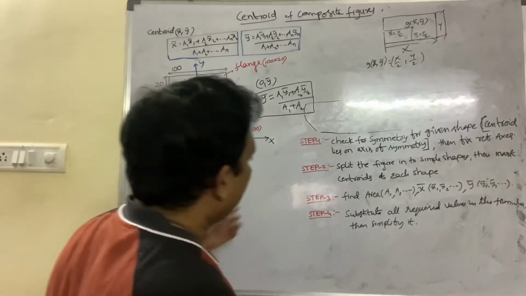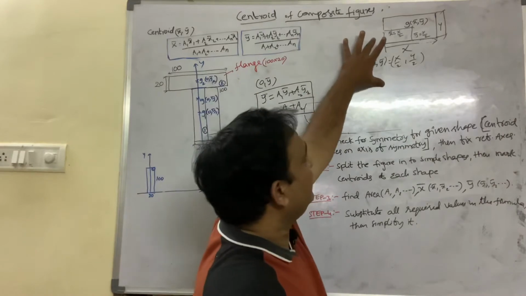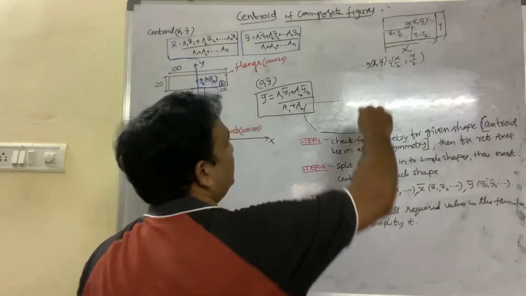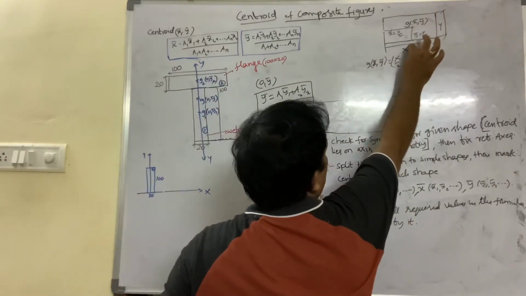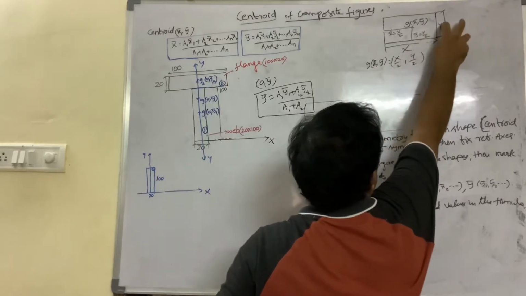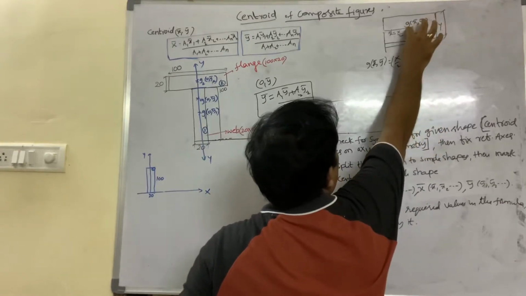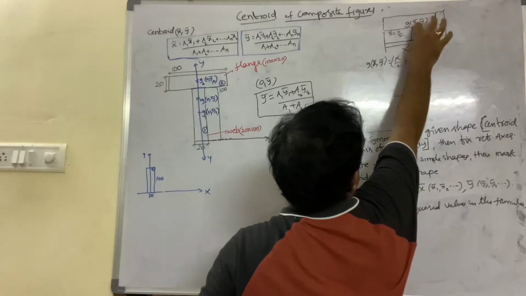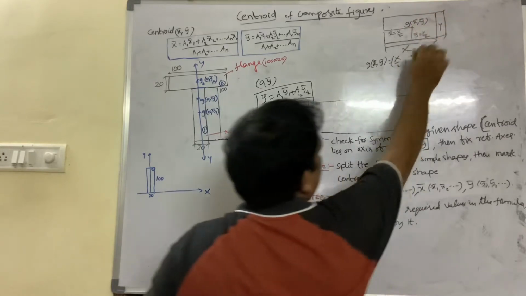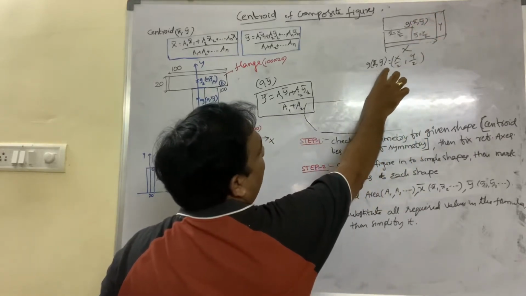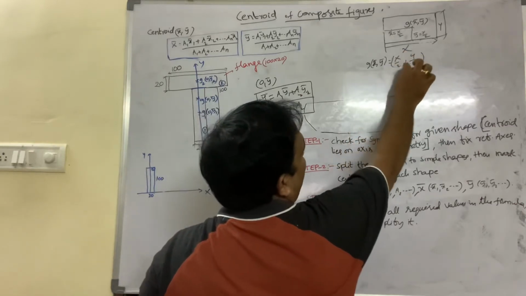So we know that, what is the centroid of a rectangle? If this is the rectangle with horizontal distance x and vertical distance y, then G is the centroid. G means x bar comma y bar. Here the centroid G (x bar, y bar) is equal to (x by 2, y by 2).